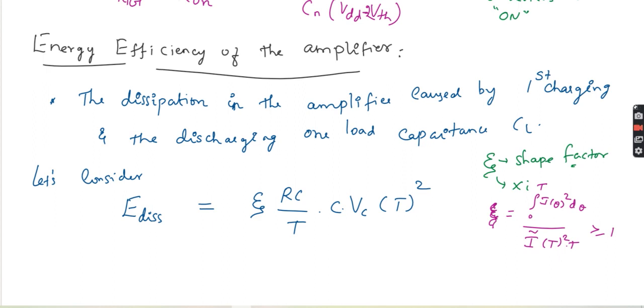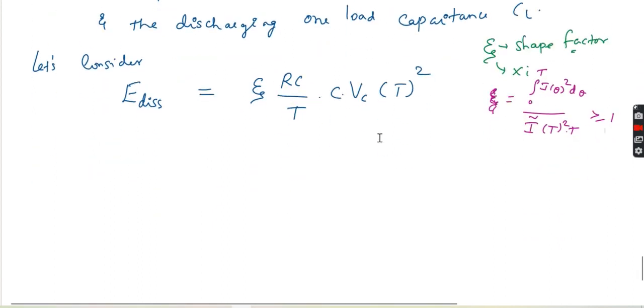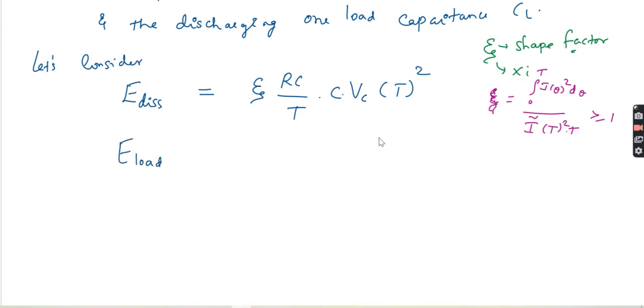Next, after that, we have to write the energy load. Let us write the energy load, that is E load, because here you need to see charging and discharge, right?